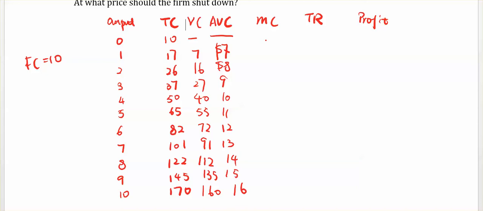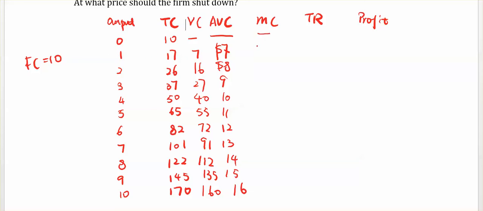How about marginal cost? So the marginal cost is trying to consider if we increase one more output, how the total cost will change. So at the beginning we have no output, the total cost is 10. When we increase one output, the total cost is 17.